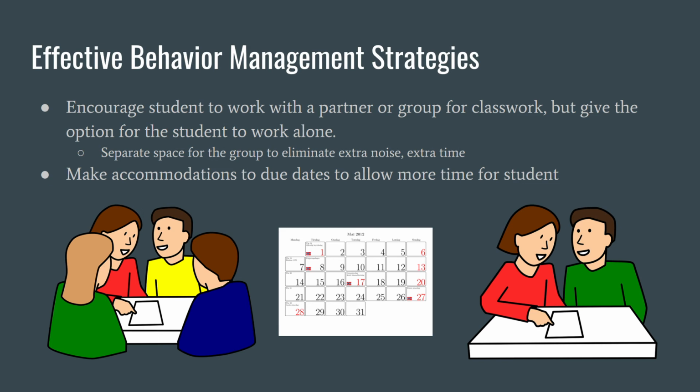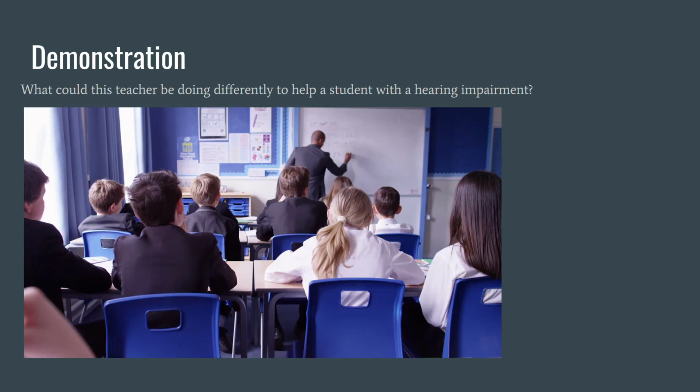You can also make accommodations to due dates if that student needs to go home and they are doing more work reviewing audio lectures and transcribing them, and other techniques that maybe the rest of the students in the class are not using. They may need more time to complete the same assignments. So work with the student individually to give them accommodations.